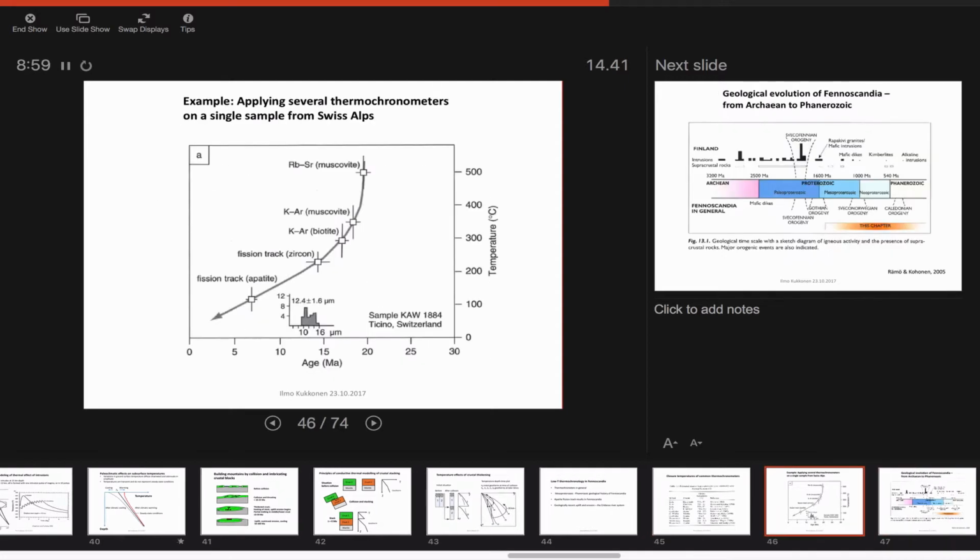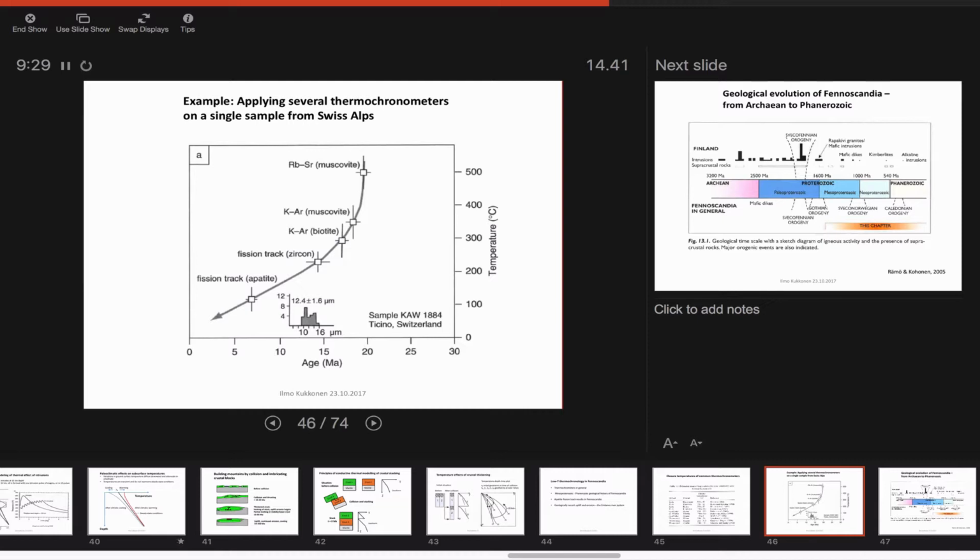The ideal case would be like here, with this sample from the Swiss Alps, where several methods have been applied to the same sample. So we have rubidium-strontium ages, which correspond to relatively high temperatures. We have potassium-argon for muscovite, potassium-argon for biotite, and fission track data from zircon and apatite.